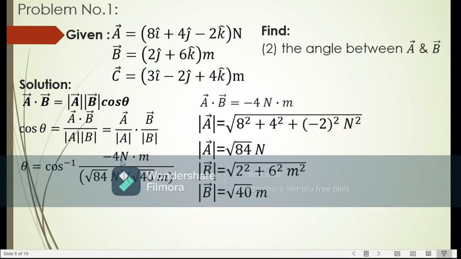Computing this using the calculator, you will have the answer: angle is equal to 93.96 degrees. This is our final answer. So 93.96 degrees is the angle between vectors A and B.